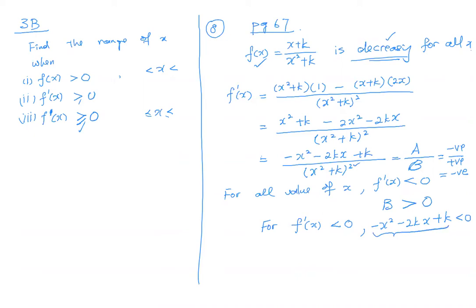So this function, can I call it gx? I name my gx as negative x squared minus 2kx plus k.